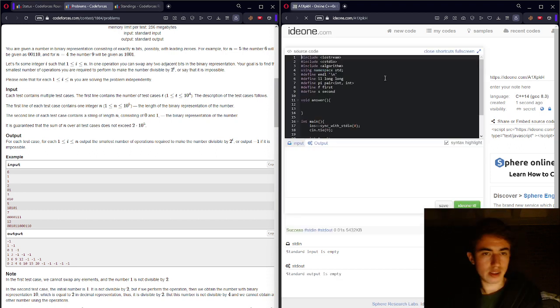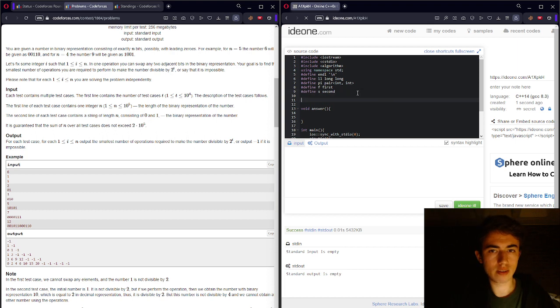So how will that be in code? Well, first off, the number is in binary. I'm going to just read this in. There can be at most how many bits? 10 to the 5. So let's just read those in.